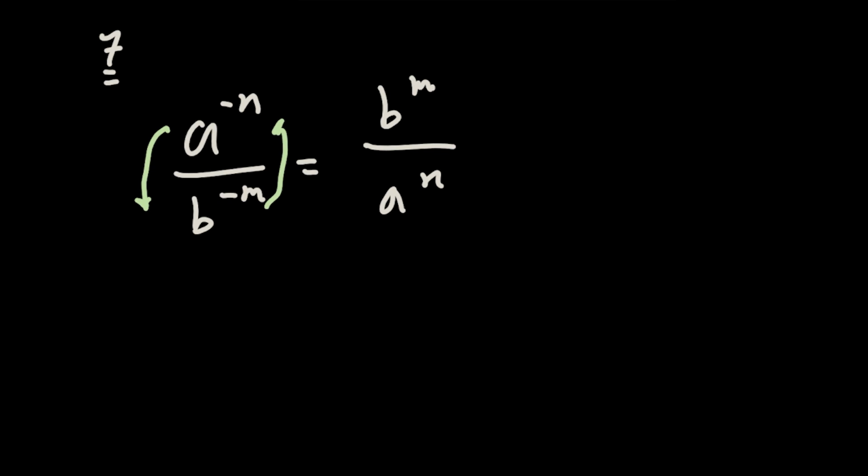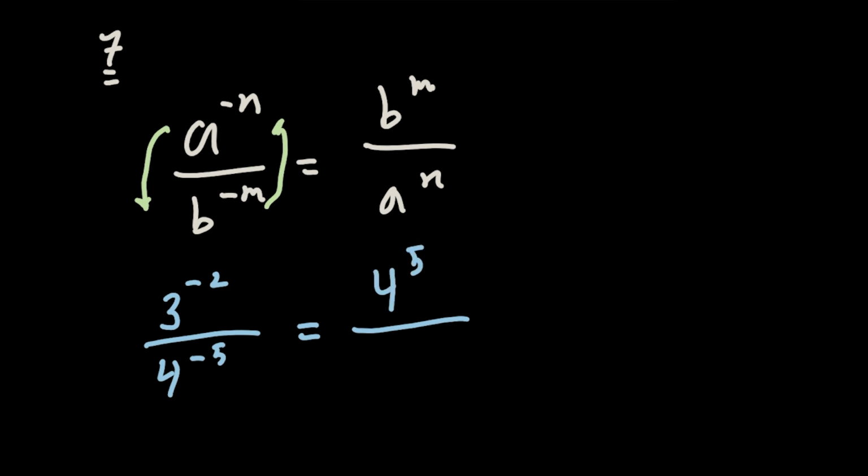Let's see an example. If we have 3 to the power minus 2 over 4 to the power minus 5, we can just bring the 4 up and make the power positive. So it will be 4 to the power positive 5 over 3 to the power 2. So we are just making the powers positive and flipping the numerator with the denominator.